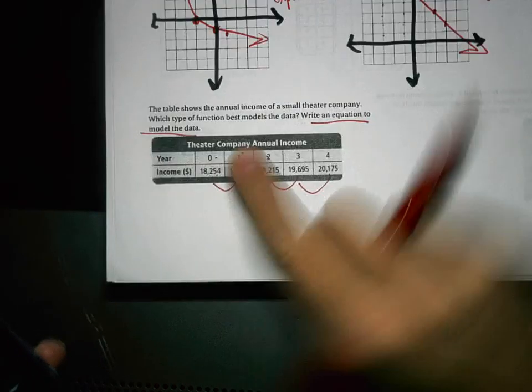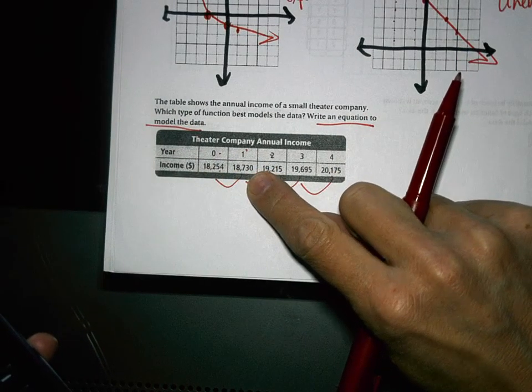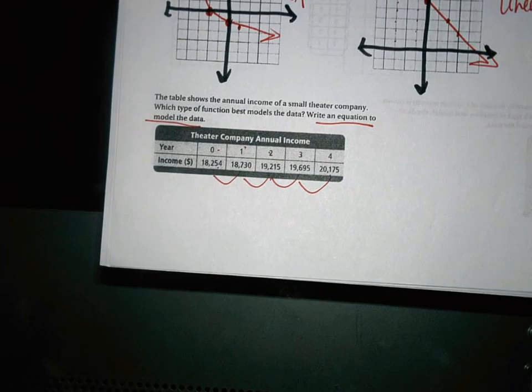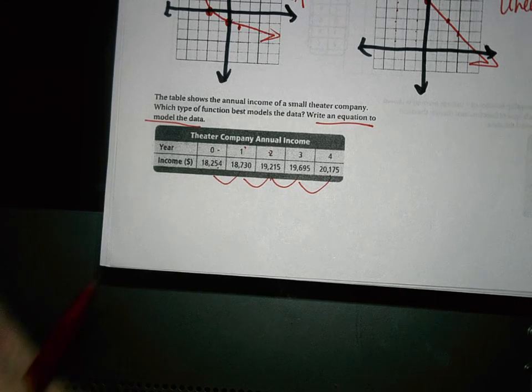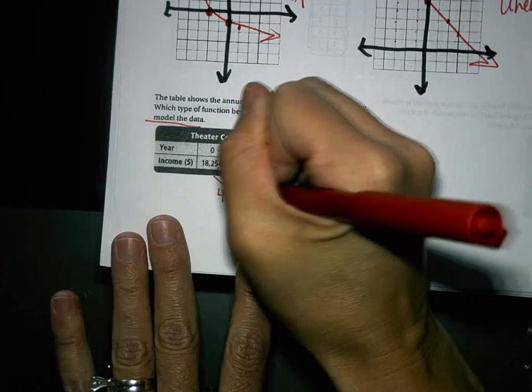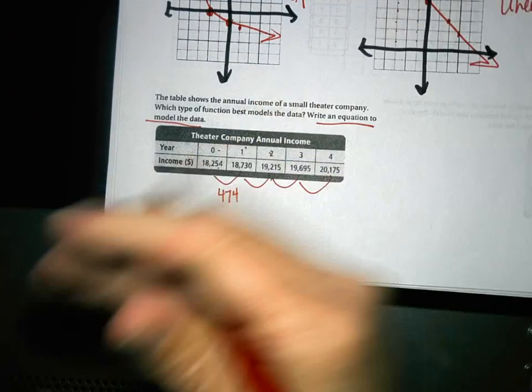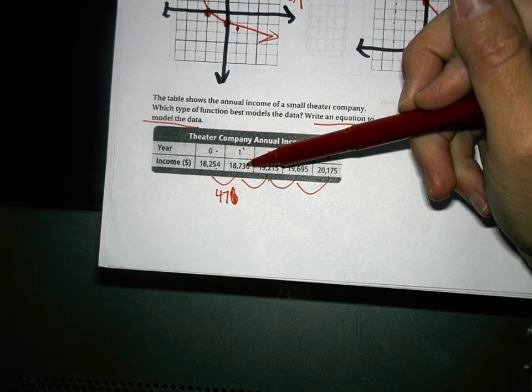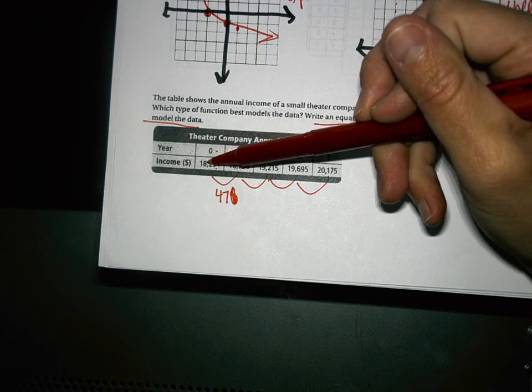And so how you figure out the difference between them is you're going to take 18,730 minus 18,254 and get that answer. You subtract them, and we get 476. So I took 18,730 minus this one.